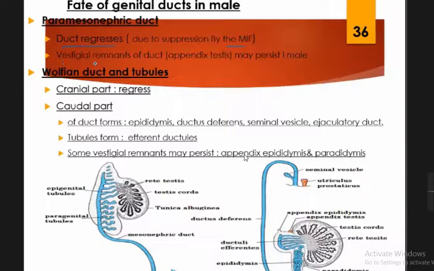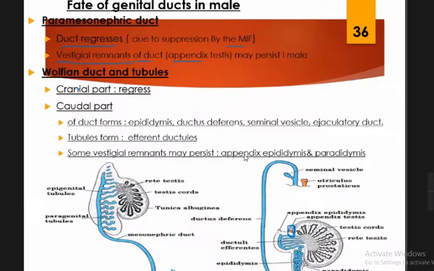Sometimes vestigial remnants of this duct are present in the male, and that is the appendix testis. So we shall see an appendix testis here, which appears a persistence of the Müllerian duct in the male to leave a vestigial remnant.